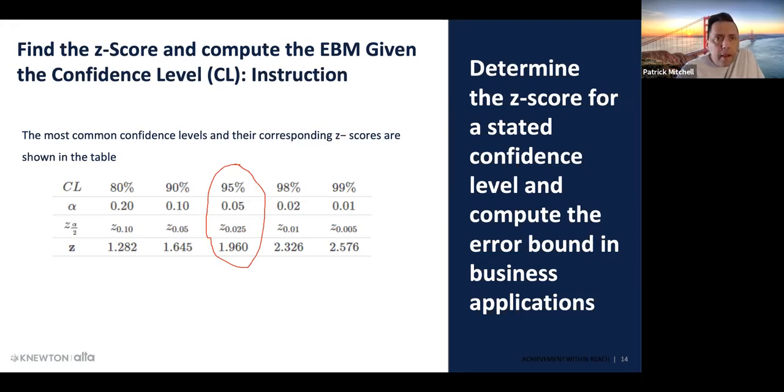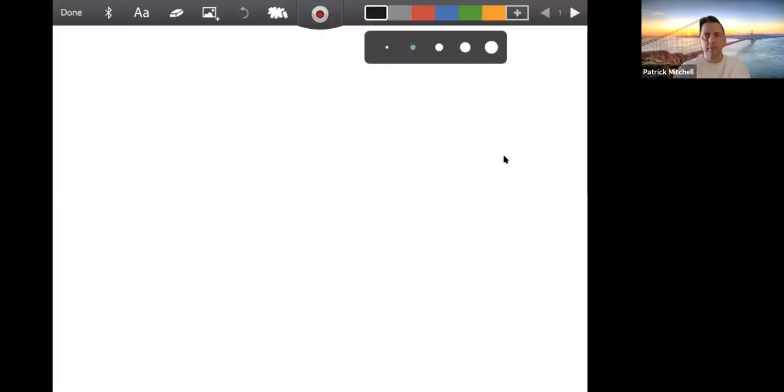Okay. Okay, here we go. Let's see. All right. This is something I just figured out how to do recently.